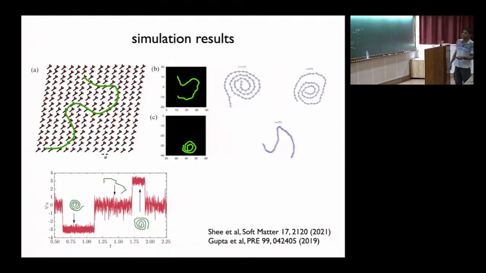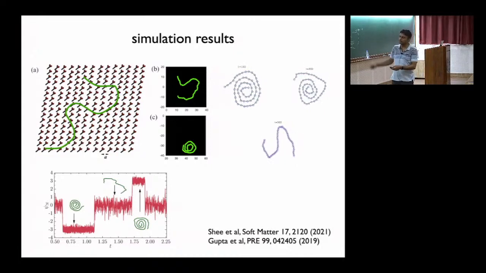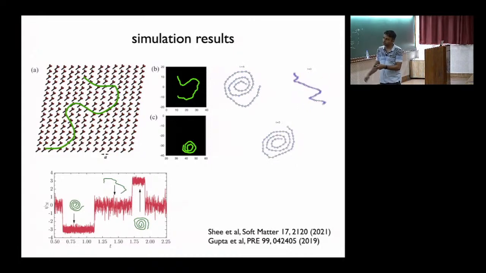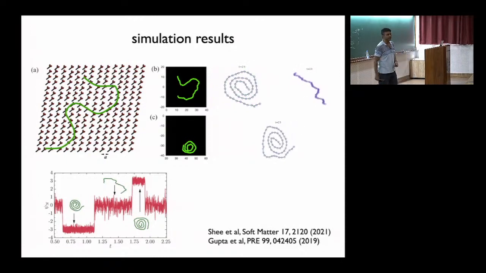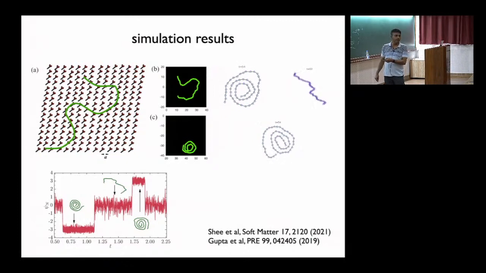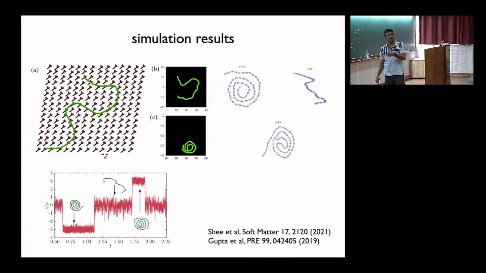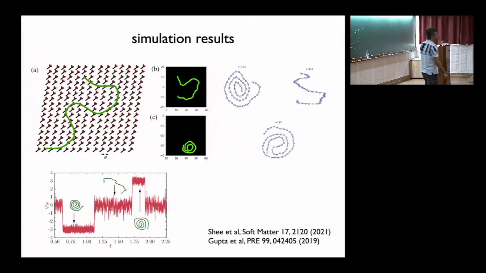Okay, so that happens, and we are also showing a time series of a quantity which just counts the number of turns the spiral takes. If I plot that as a function of time, it remains near 0 where the chain is open. At another time point, it can get into a spiral in a certain specific direction, which we call positive, or a spiral in the opposite direction, which we call negative.